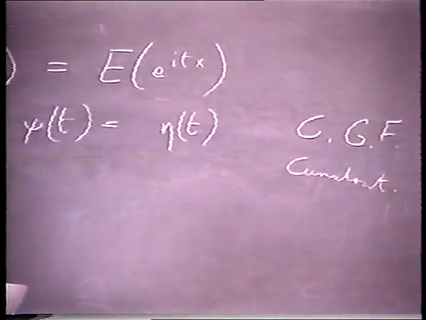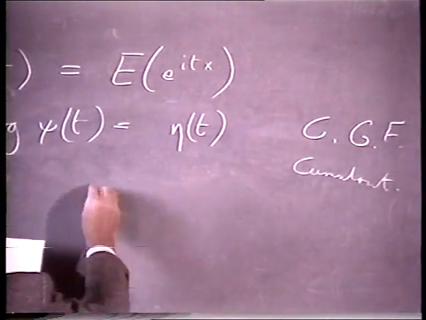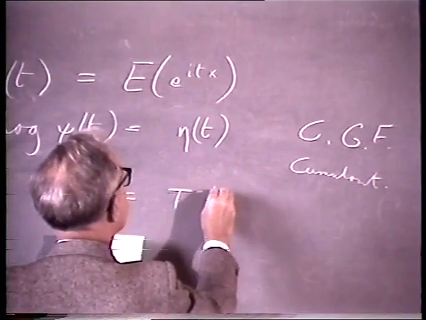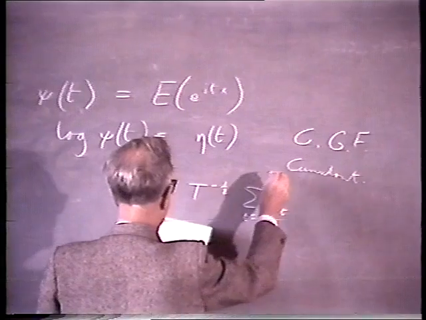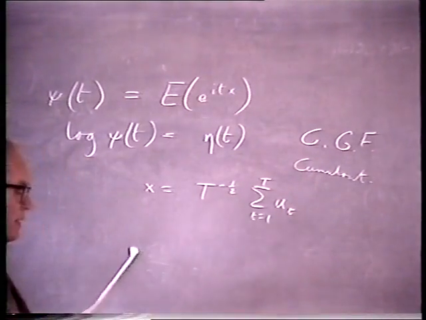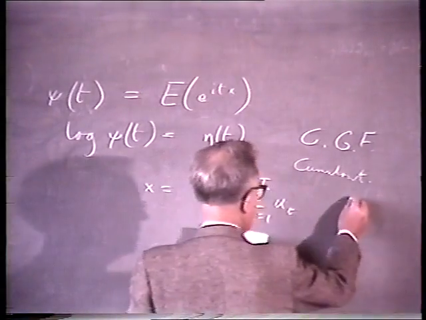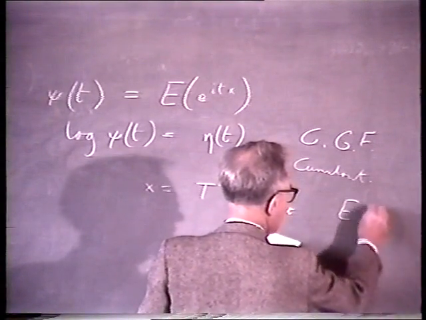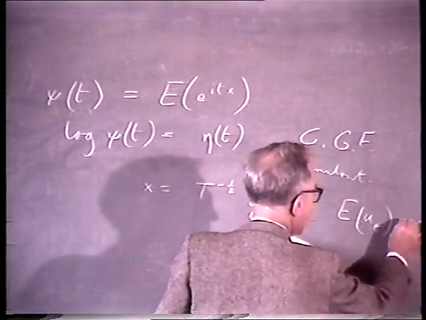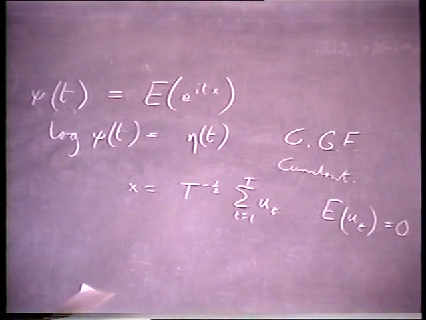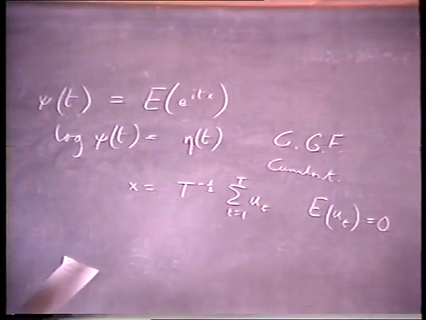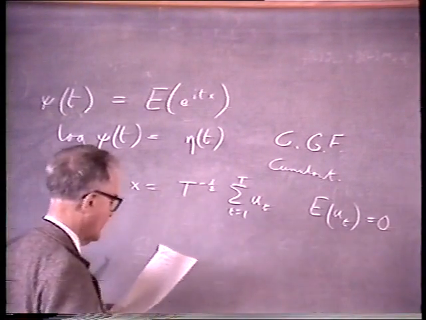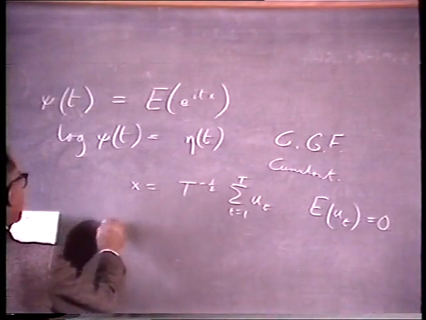Well, now let's take the case that x, in fact, is a rescaled sum of identically independently distributed variables, and for simplicity, of course, you can easily look at the case where u_t has a mean, but for simplicity, let's assume its mean is 0.